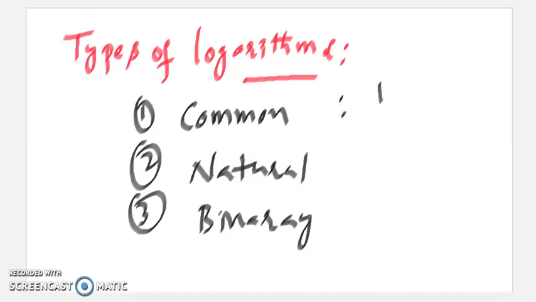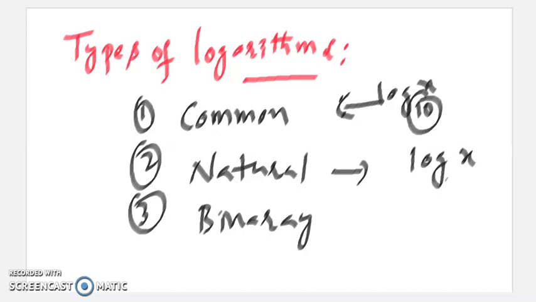The logarithm with base 10 is called the common logarithm. What are natural logarithms? The logarithm with base e, where e is Euler's number and also an irrational number, is called the natural logarithm. What is binary? Logarithm with base 2 is called the binary logarithm.